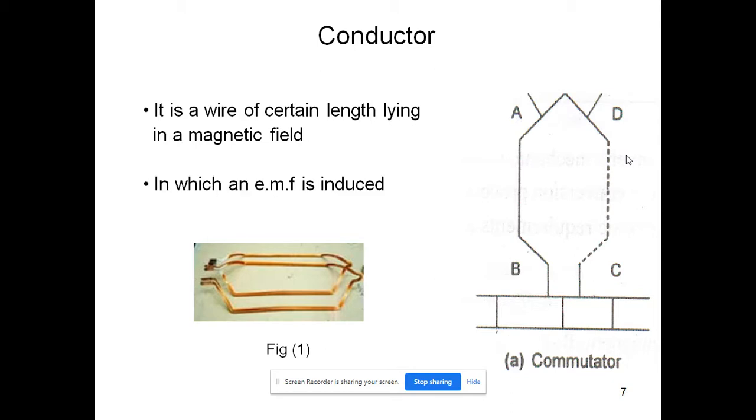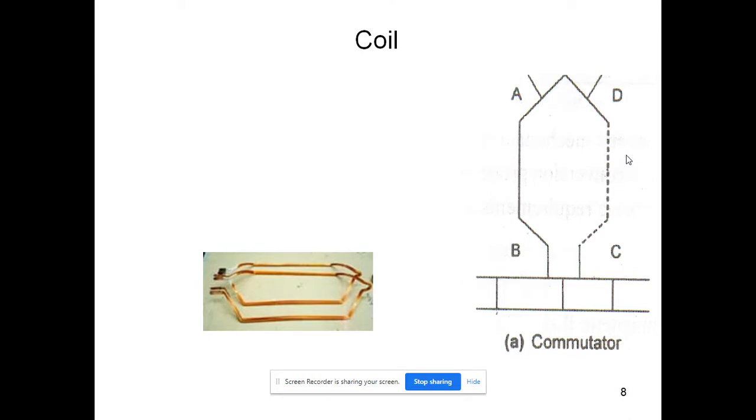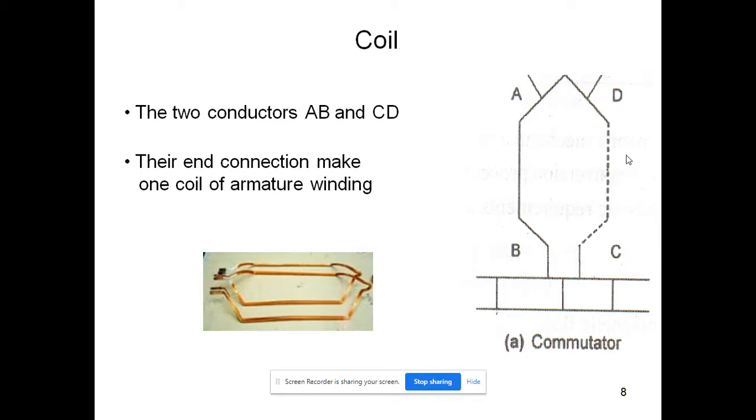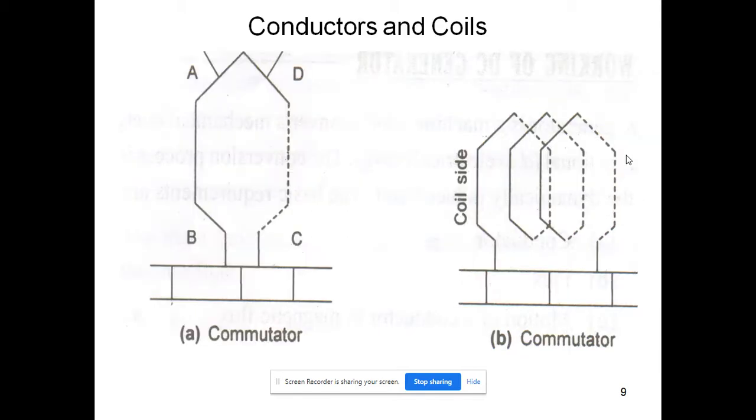We know that an EMF will be induced in this conductor only, and we place this conductor in a magnetic field. I already said that AB is one conductor and CD is the other conductor. Their ends are connected to the commutators.